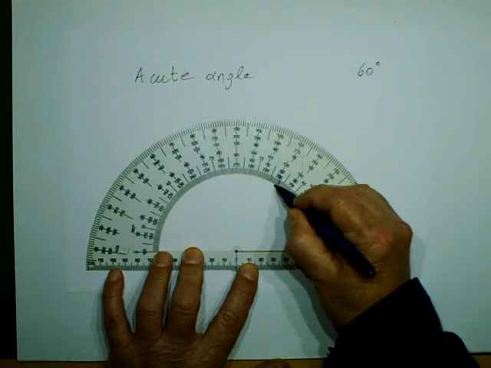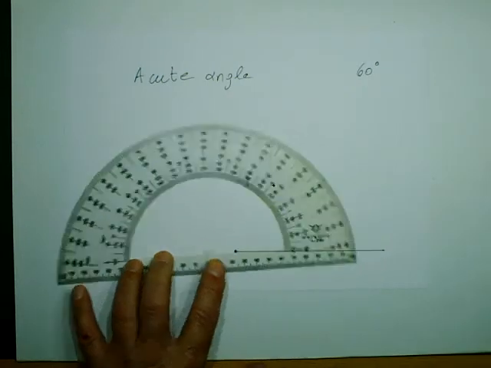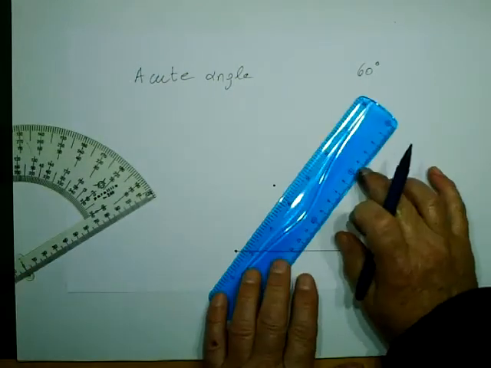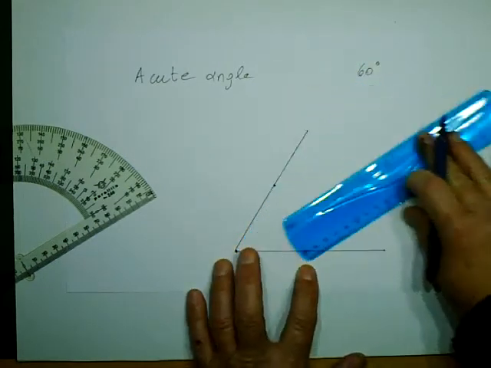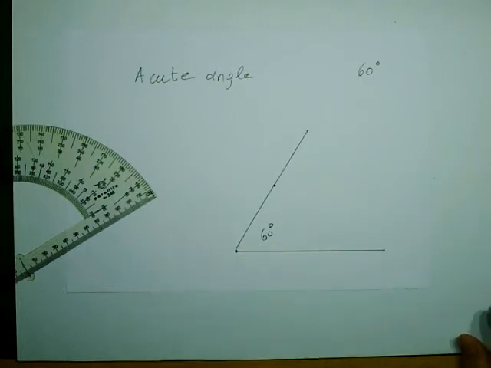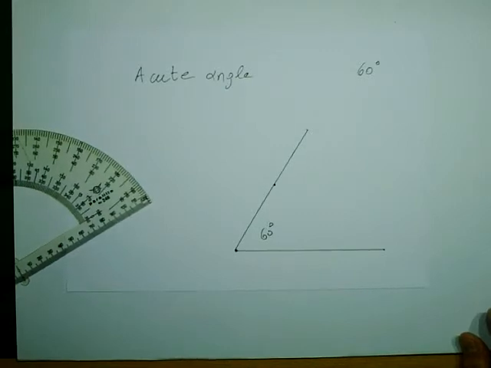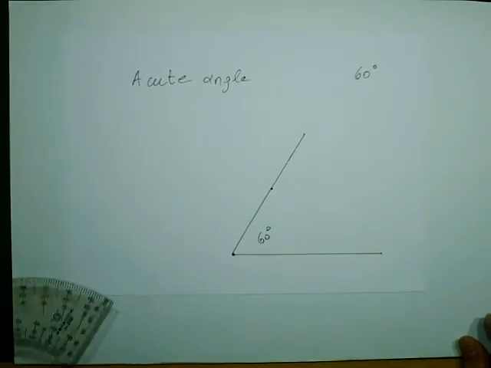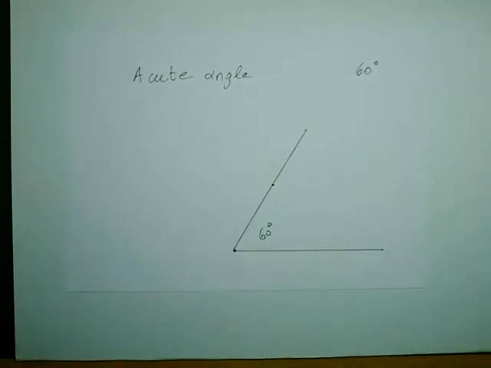I put this point here, 0, 10, 20, 30, 40, 50, 60, and then I draw the ending line here. Now I have an angle of 60 degrees. This angle is called an acute angle because it is less than 90 degrees, as we can see a bit later.